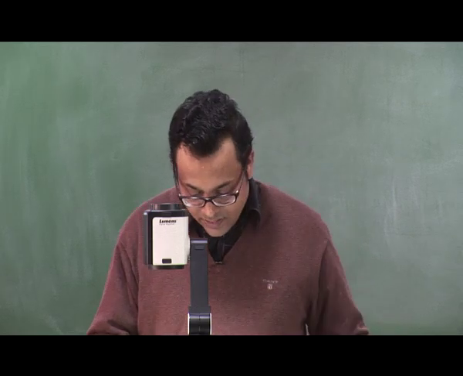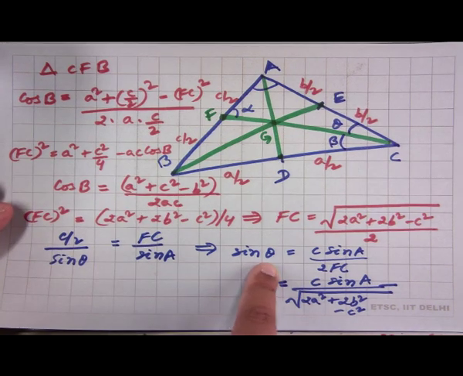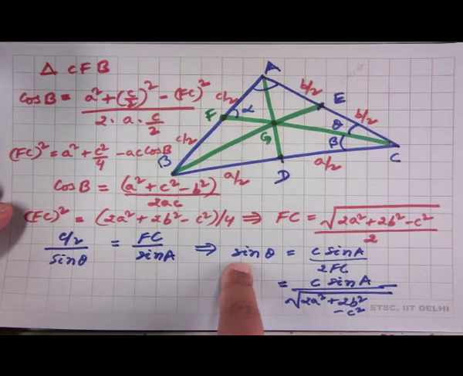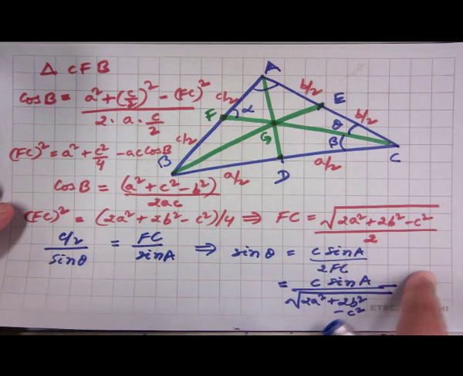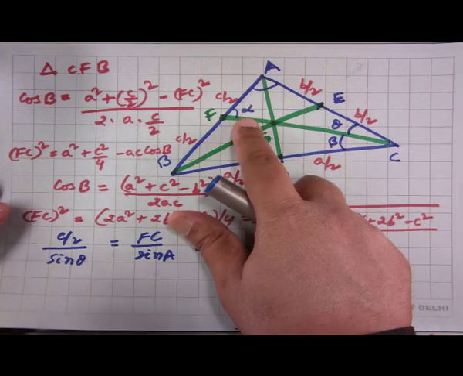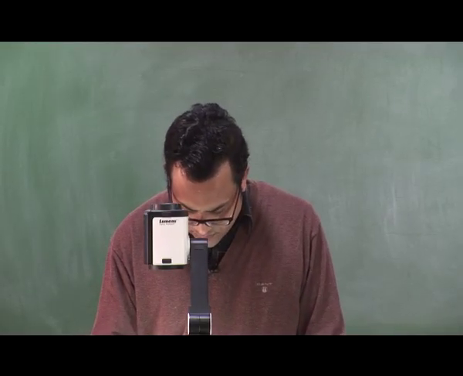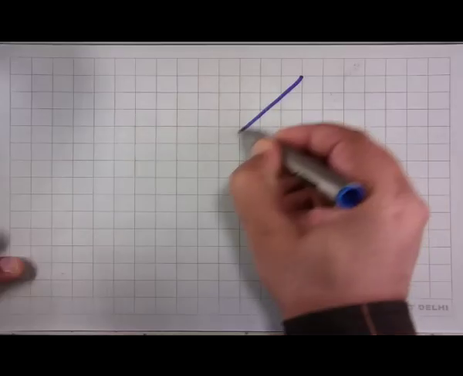So with that we have an expression for sine of theta, and then theta of course is sine inverse of this expression. The next thing would be to find the expressions for beta and alpha, which we do in the next slide. So, let us redraw the triangle again.